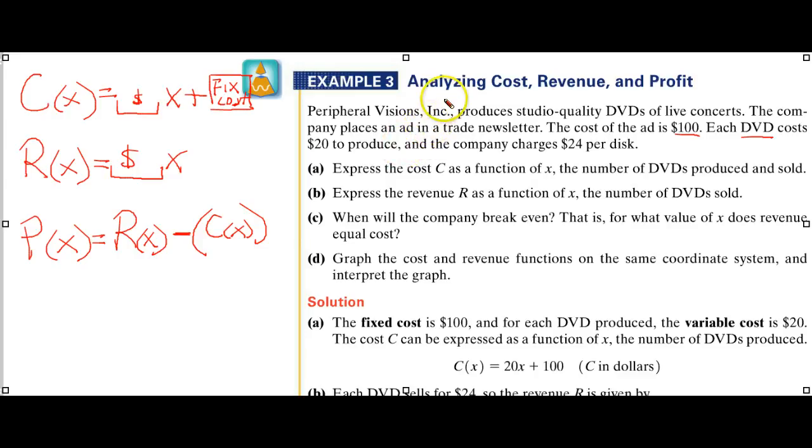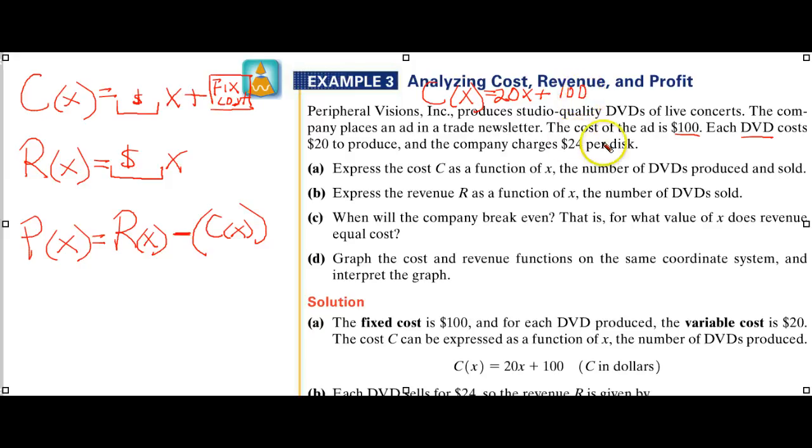So for this, it's going to be cost is $20 to produce, and then you have to pay for each DVD plus the ad to sell them is $100. So you have to pay that $100.